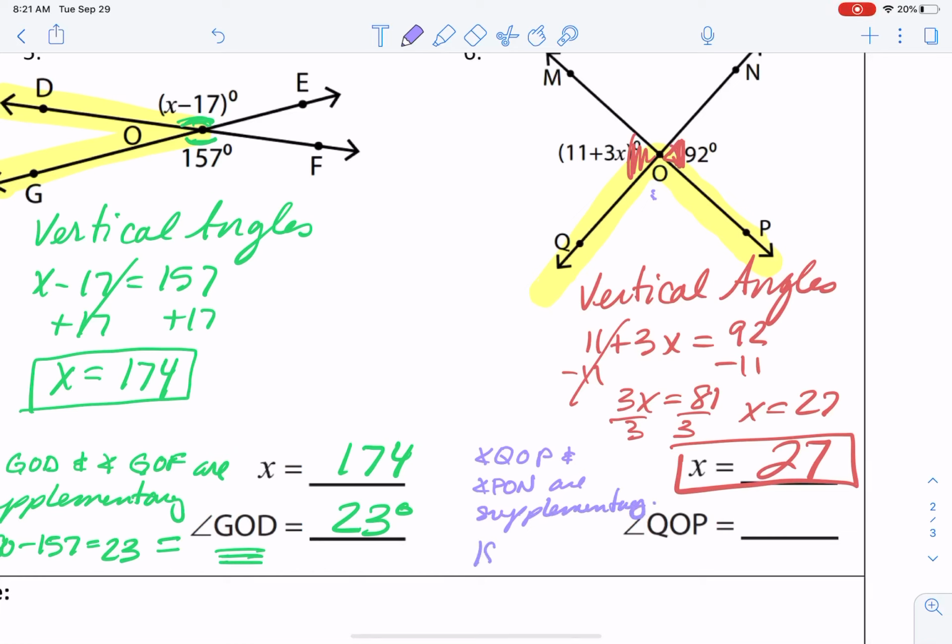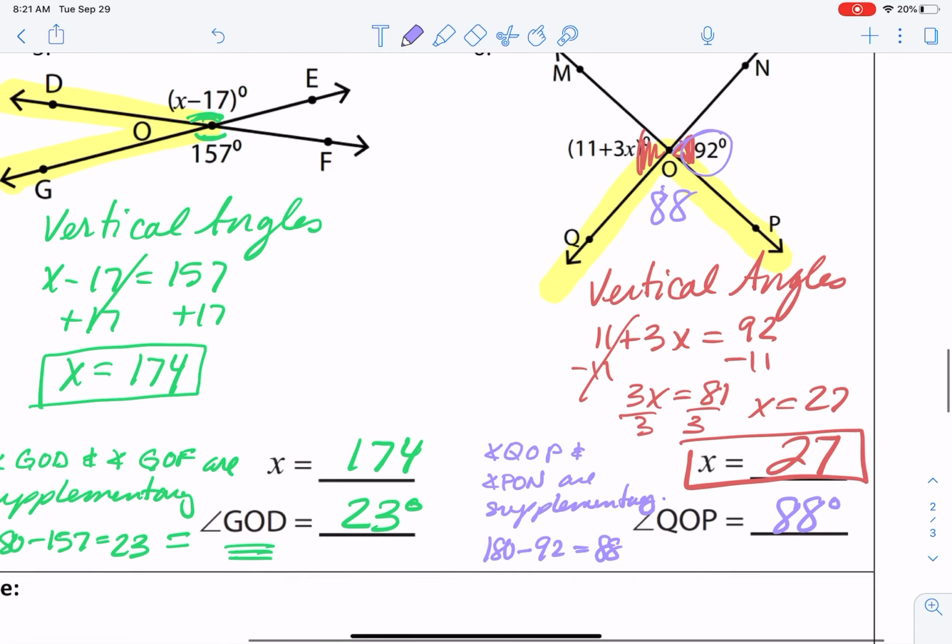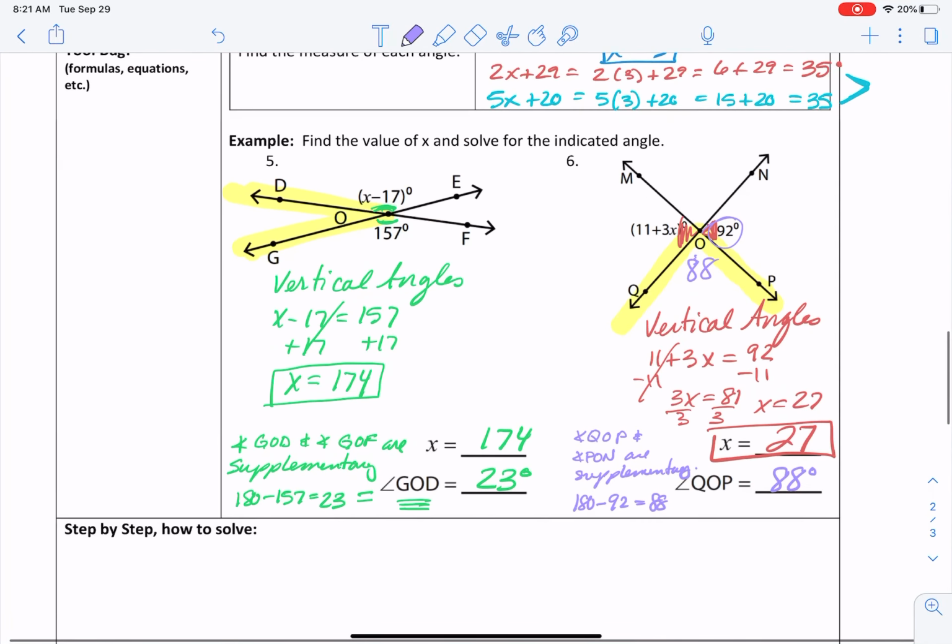Which means I can say 180 minus 92, that's the value that I was given, equals 88, which means this piece is 88. And that is how we solve for missing parts using vertical angle properties.